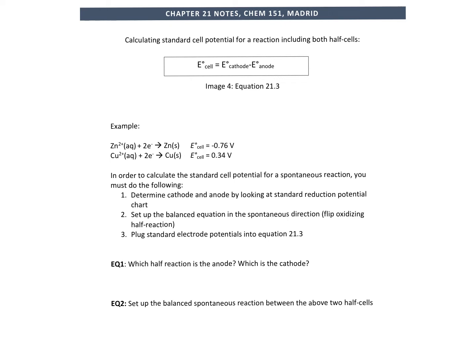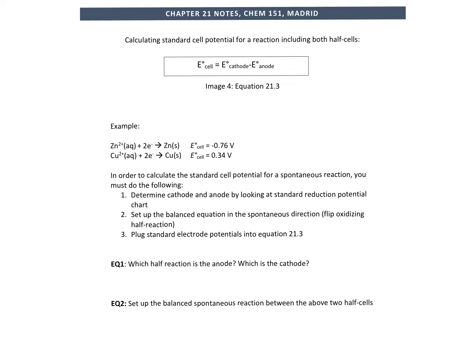Okay, so how do I calculate standard cell potential for a reaction? For a total reaction, that means you have two half reactions and you put them together. The way that you do that is you take whichever one is the cathode, or whichever one has the higher positive value, and you subtract from it the cell potential for the anode, or whichever one has the more negative or lesser positive value.